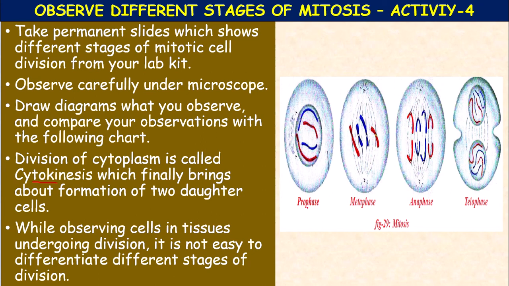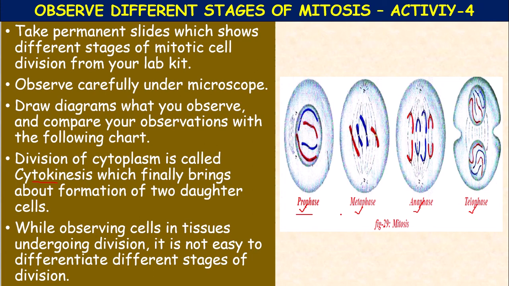So observe here, the mitotic phase is divided into 4 phases, or mitosis can be completed in 4 phases. That is prophase first, then metaphase, anaphase and telophase. Among these 4 phases, prophase is the longest one.